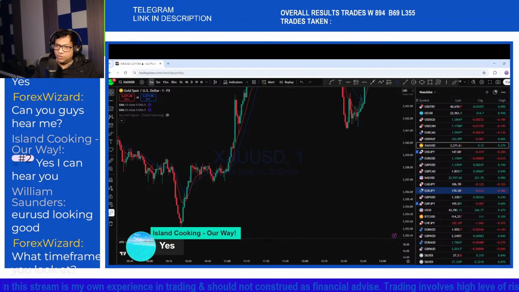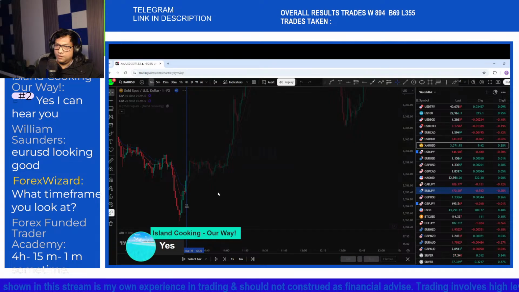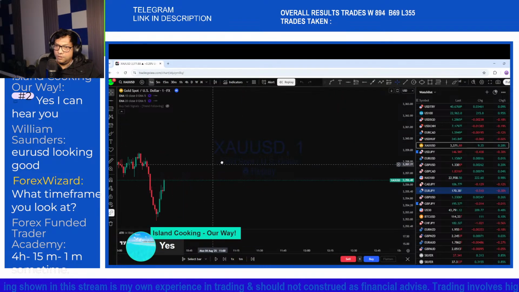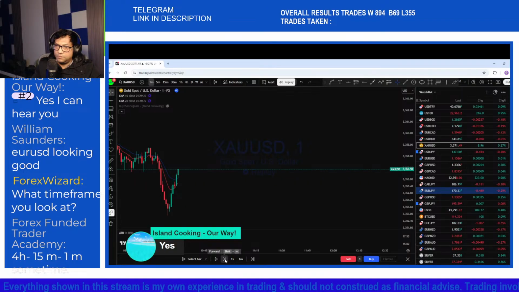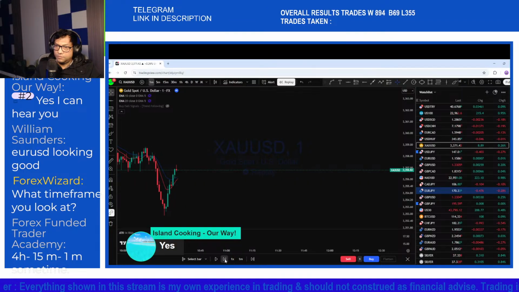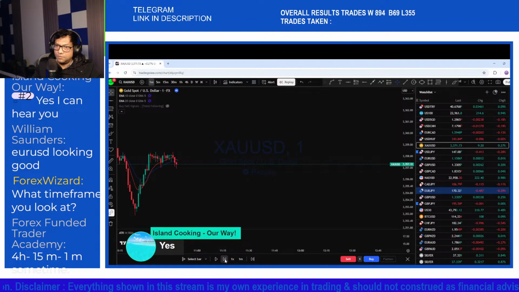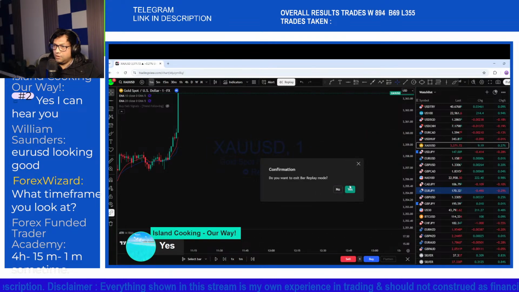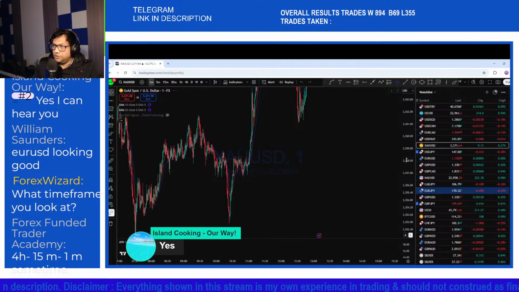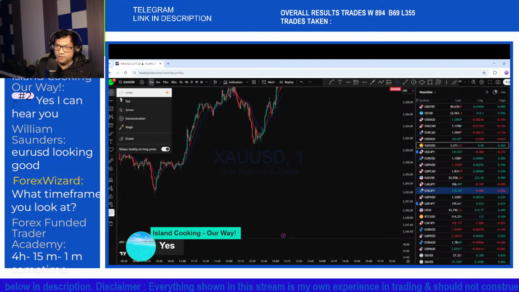If you look here, you can see quite a few times the market, and this is an important zone that we saw. There was a breakdown and then it rejected back again.